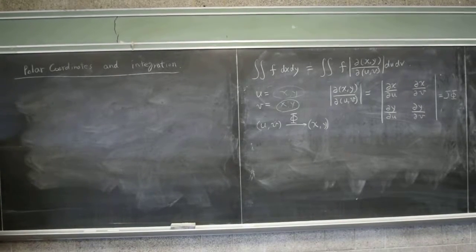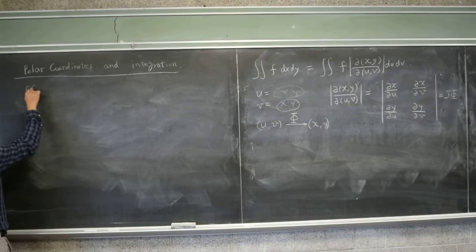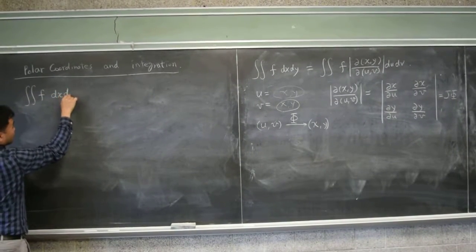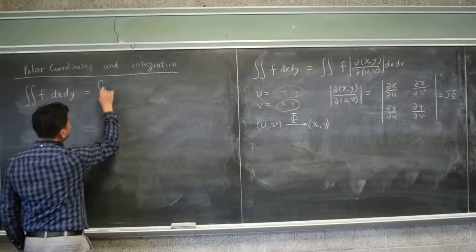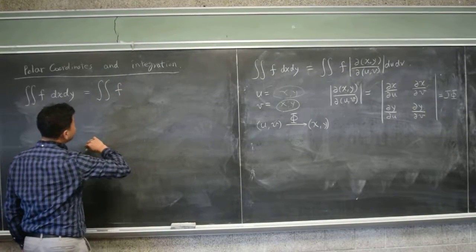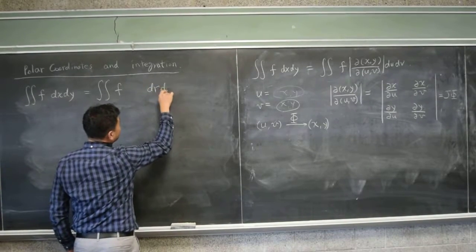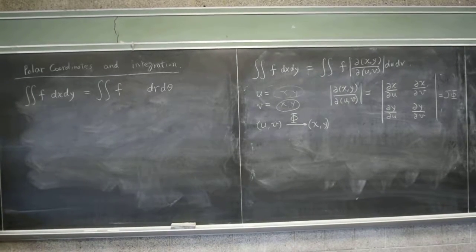Now we come back to integration and polar coordinates. And here's what we aim to do. We want to integrate some function that we used to differentiate in terms of dx and dy. And now we want to rewrite this as an integral of this same function in terms of dr and d theta, because in polar coordinates, those are the numbers that describe the points, right?